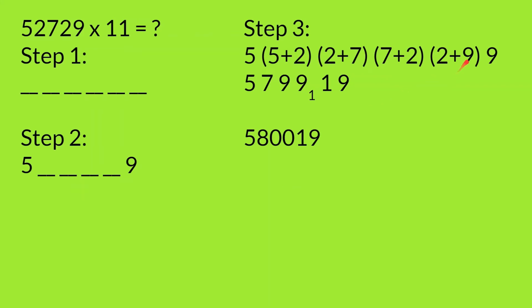Now let's see the proof of this trick to show you that this trick is valid in all cases. For the proof, we'll first start with two digit numbers multiplied by 11. So let our number be 10a plus b, because all two digit numbers can be represented in this form, where a is the tens digit and b is the units digit.